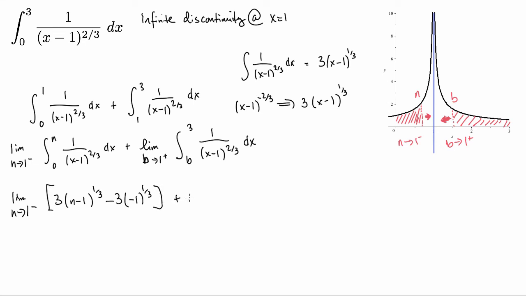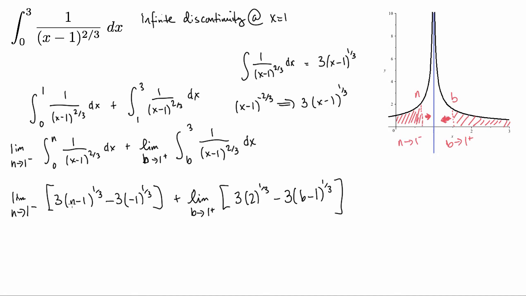And so the b part here, we get the limit as b goes to 1 from the right of evaluating at 3, we're going to get 2 to the 1/3, minus evaluating it at b, we get b minus 1 to the 1/3.